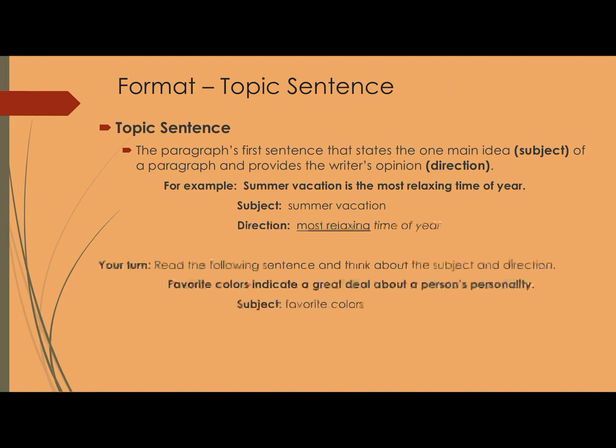So in this sentence, the subject, what we're talking about, is favorite colors, a person's favorite colors. And what is our writer's opinion? It's that they reveal a great deal about a person. So we have a subject and a direction in our topic sentences.